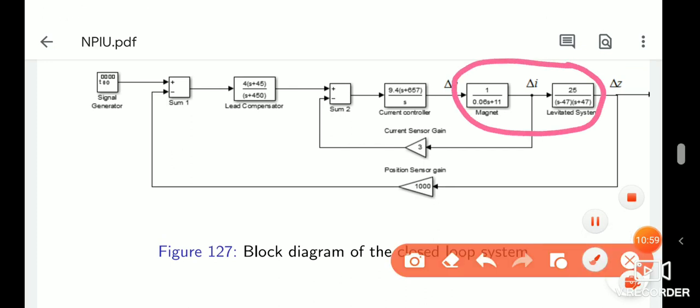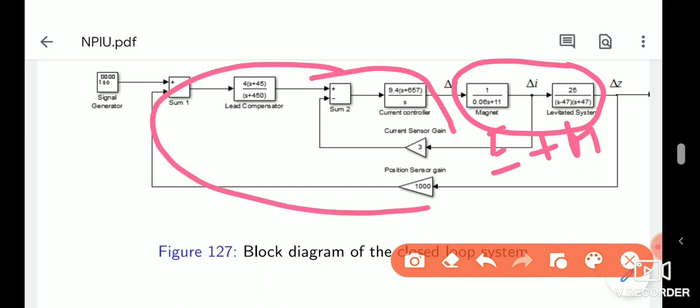This is the system actually. This is the electrical part and this is the mechanical part. So the electromechanical part is the real system, the practical system.